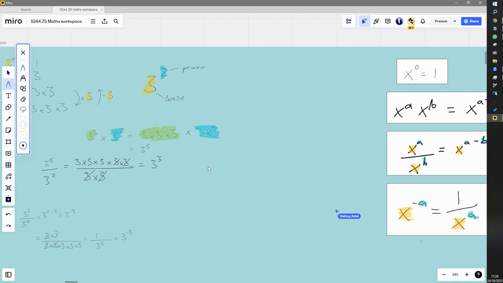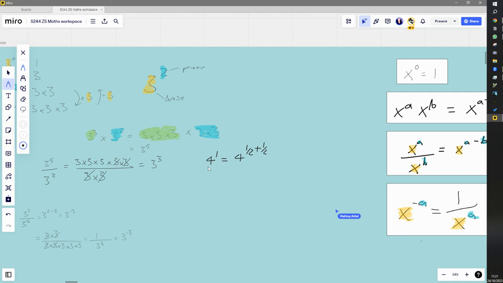Let's do 4. So I know that 4 to the power of 1 should be the same as 4 to the power of a half plus a half. Well, it is, isn't it?